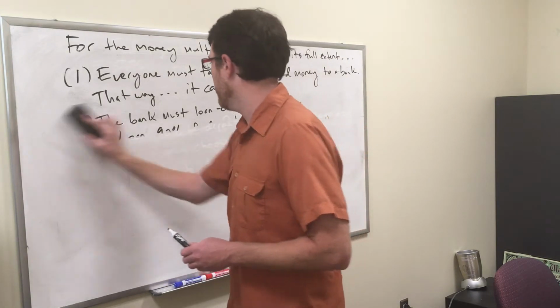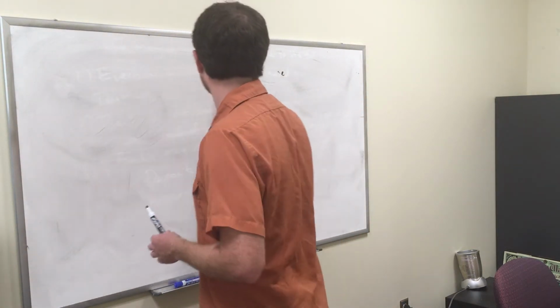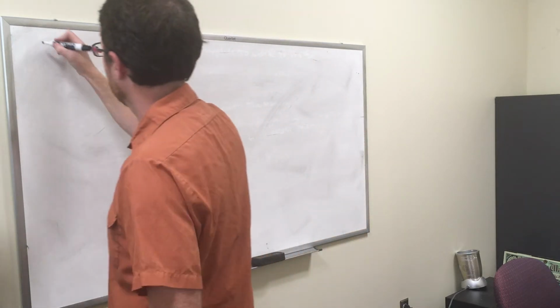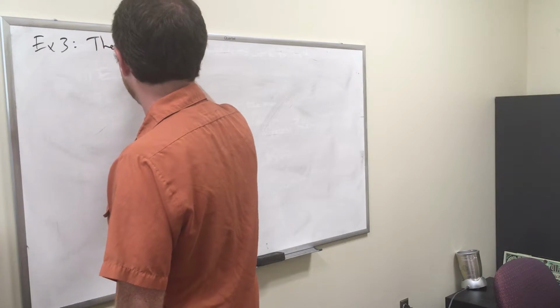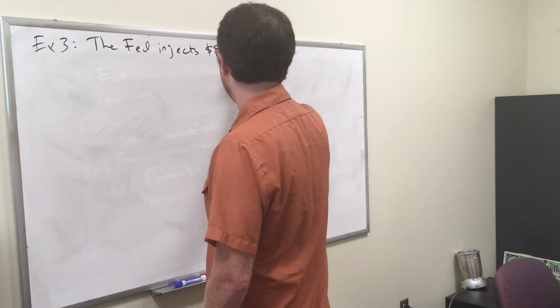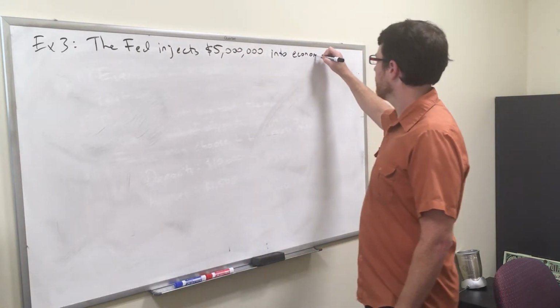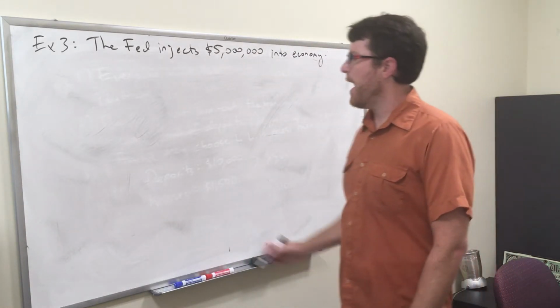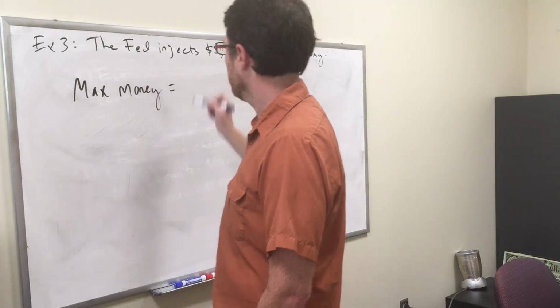So let's do one more example just to show what that means. So let's say the Fed injects $5 million into the economy. The maximum amount of money that could create is what?